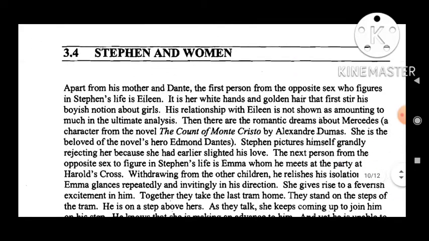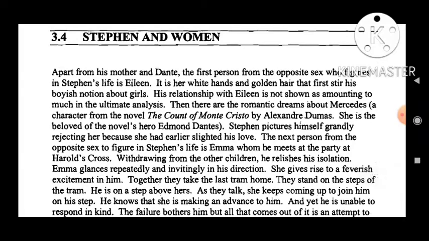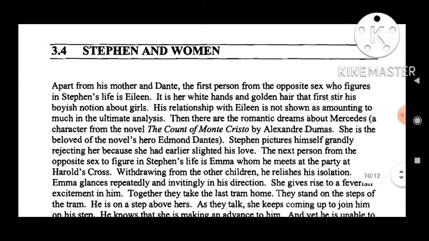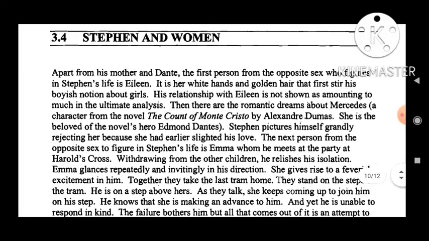Then Stephen and woman. Apart from his mother and Dante, the first person from the opposite sex who figures in Stephen's life is Ellen. It is her white hands and golden hair that first stir his boyhood notions about girls.